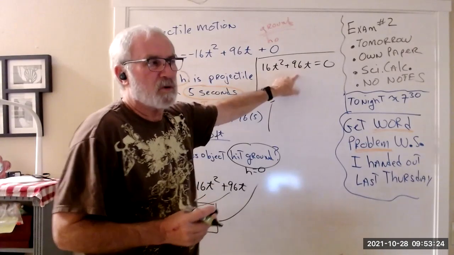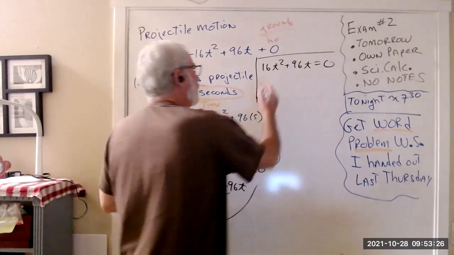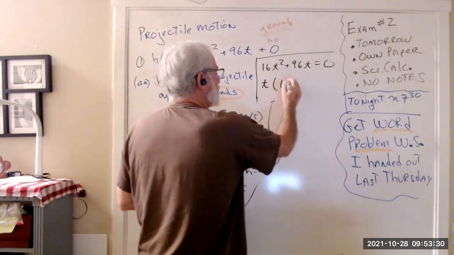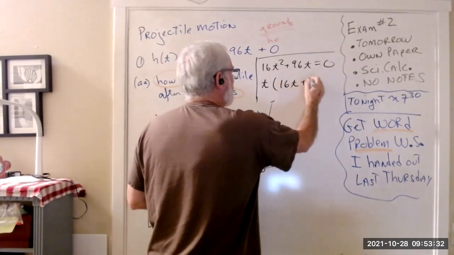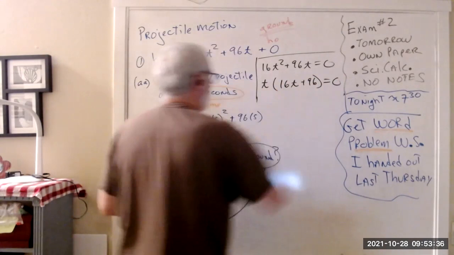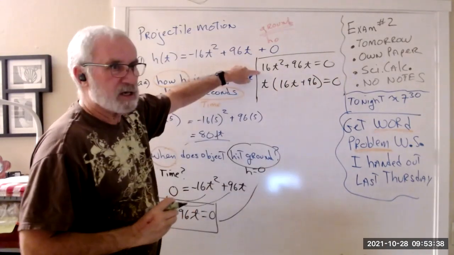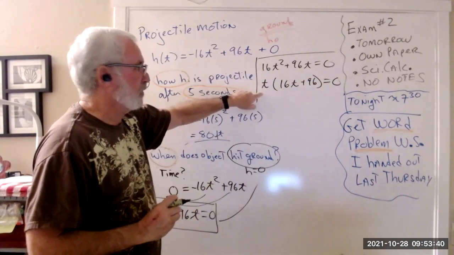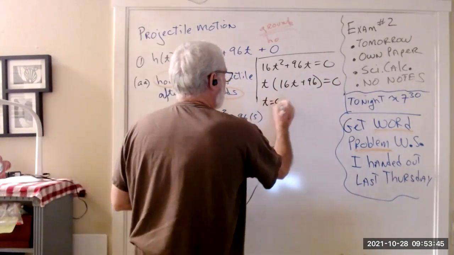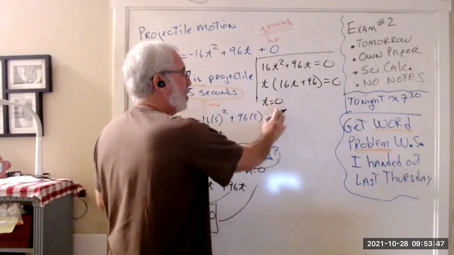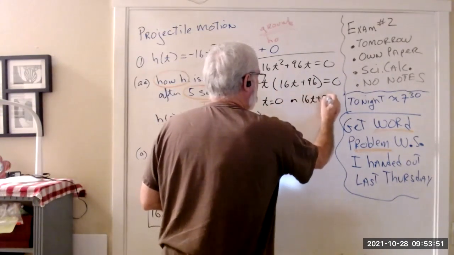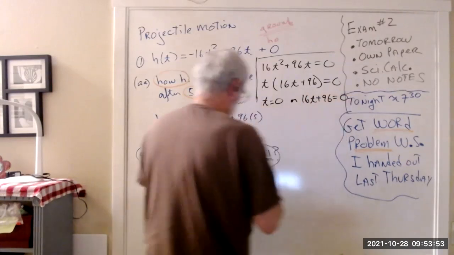Okay. Let's see what happens. At the very least, we can take out a t. That leaves me 16t plus 96 equals 0. Remember, solve by factoring, make it equal 0, then start to factor. And now separate it, either t equals 0 or 16t plus 96 equals 0.